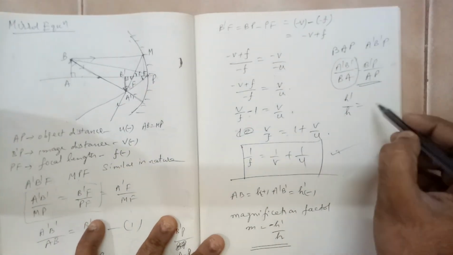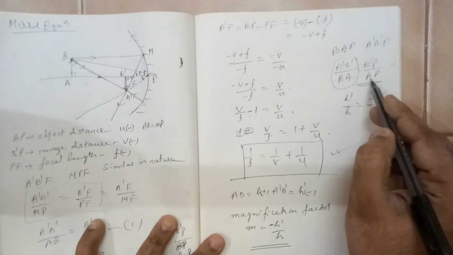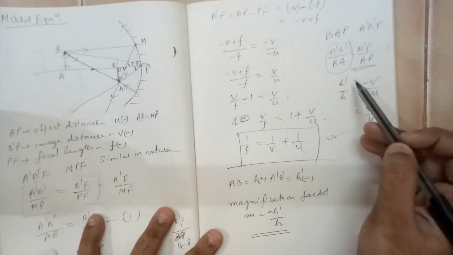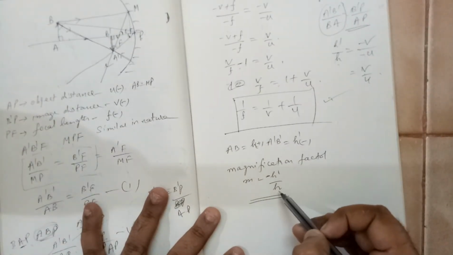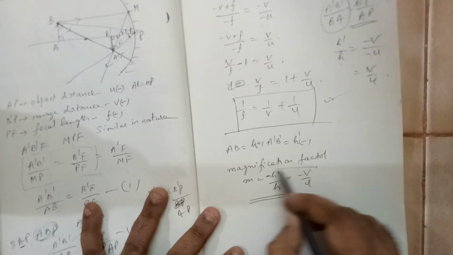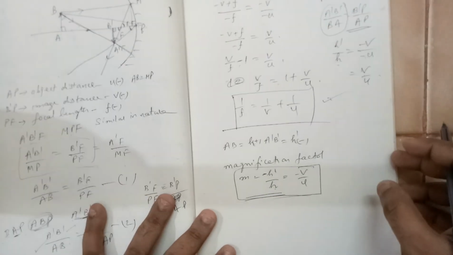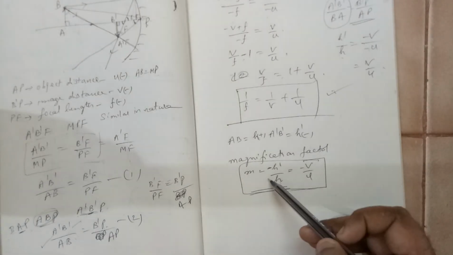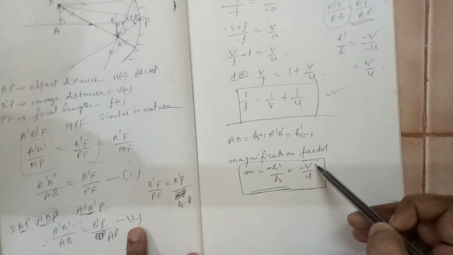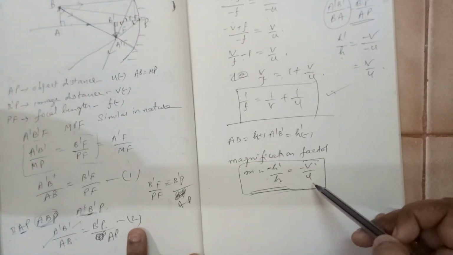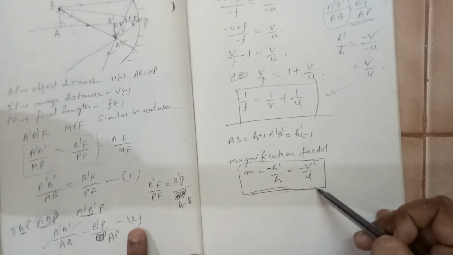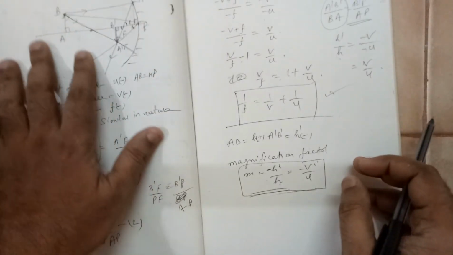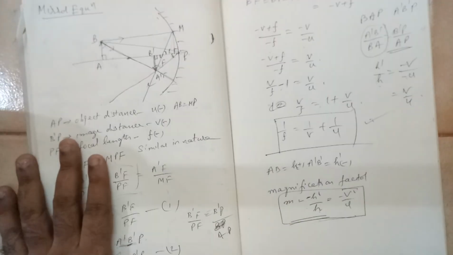B dash P is the image distance, which is minus V, and AP is the object distance, which is minus U. So it is V by U. H dash by H is V by U. So minus H dash by H will be minus V by U. This is the expression for magnification factor. So magnification factor can be calculated by image distance divided by the object distance, or image height divided by the object height. And mind you, you should use the proper sign convention.